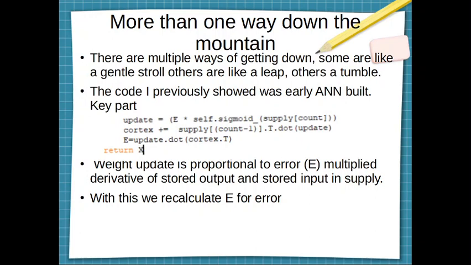regardless of how many neurons or layers, because the error is calculated anew for each layer. But you get this update, and it's proportional to the error multiplied by the derivative of the layer's outputs, and also figuring out what was put into it.